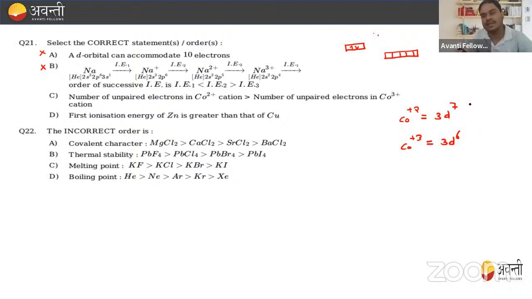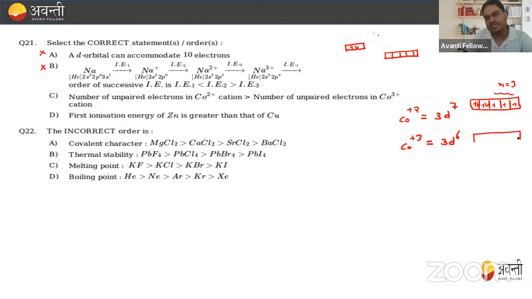So how many unpaired electrons do they have? We know the d subshell has 5 orbitals, 1, 2, 3, 4, and 5. So 1 electron, 2 electron, 3 electron, 4 electron, 5 electron. This is the 6th electron, this is the 7th electron. So we have n equal to 3 unpaired electrons present in this.